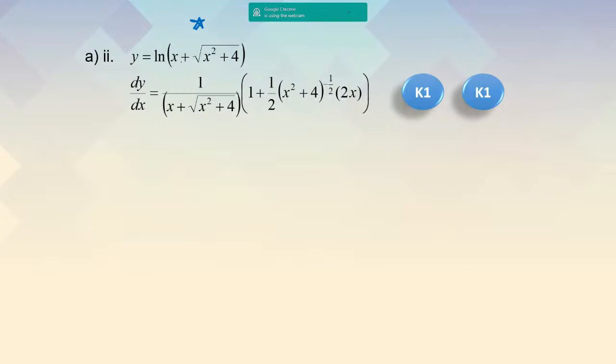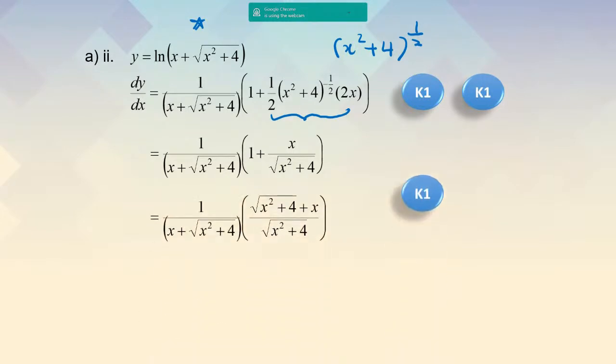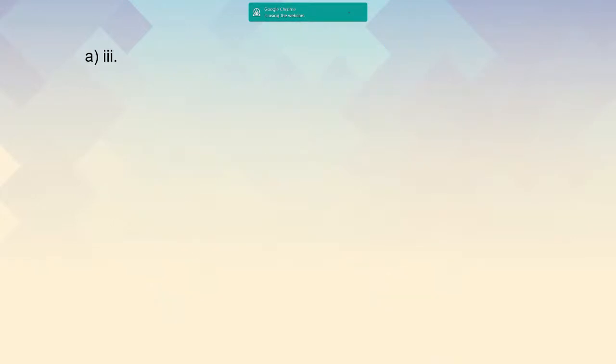So differentiate x is 1, and then differentiate x squared plus 4 to the power of 1 over 2 by using power rule, 2 marks, and then simplify. Then equating denominator, then final answer. You can cancel this one.